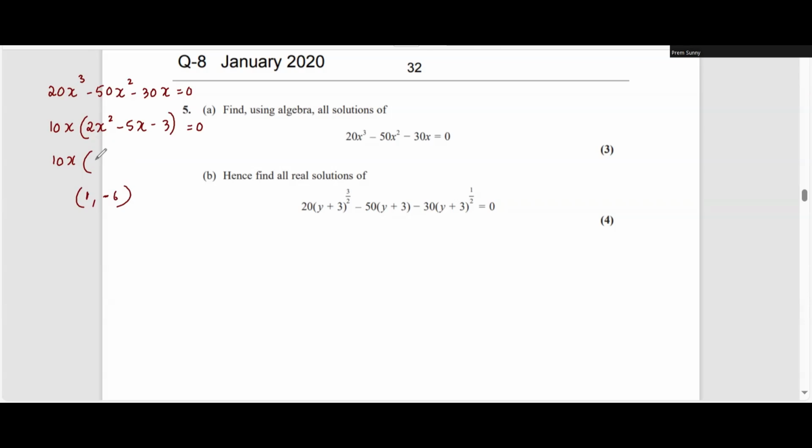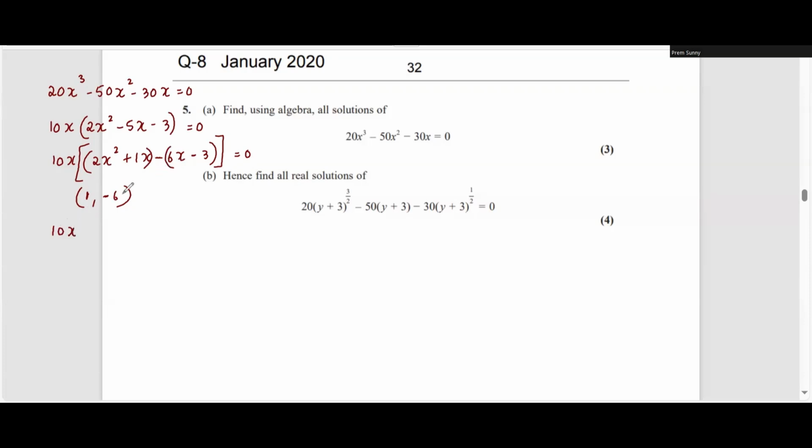So let's split the middle term here. 2x squared, instead of minus 5x I can write plus 1x minus 6x minus 3 equals 0. Now split them into two groups by keeping the middle sign as it is. In 2x squared plus 1x, x is common.